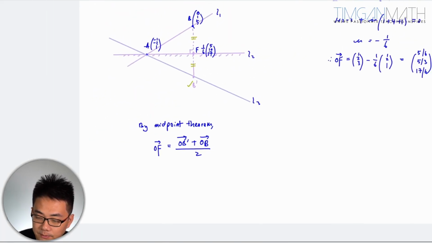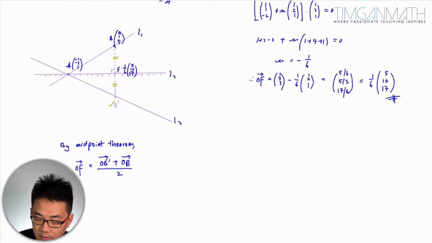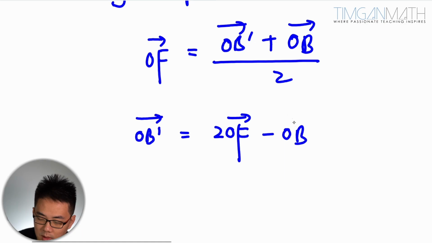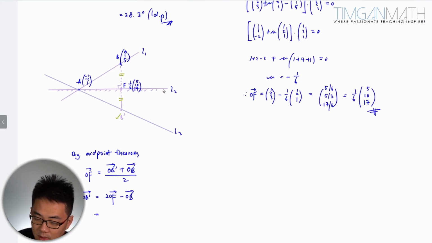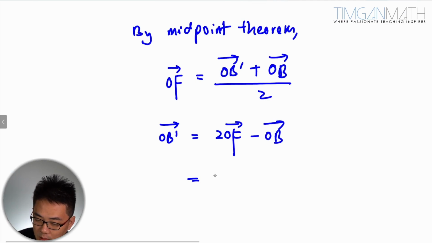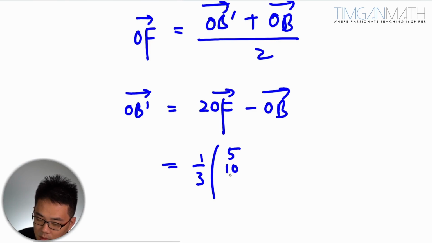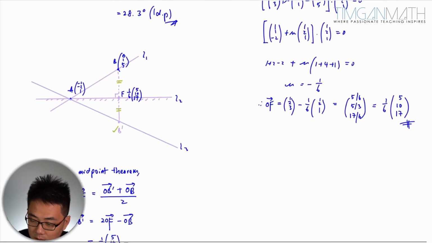So in this case here, OB is 0, 1, 5. So OB prime is 2OF minus OB. This will just be 1/3 (since 2 over 6 is 1/3), 1/3 of 5, 10, 17, minus OB, which is actually 0, 1, 5.